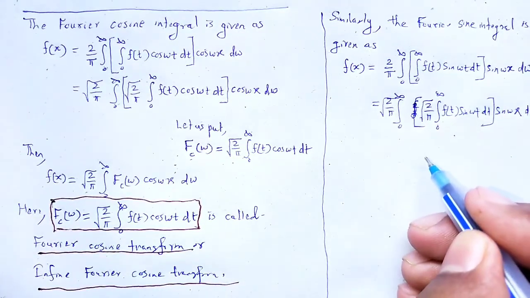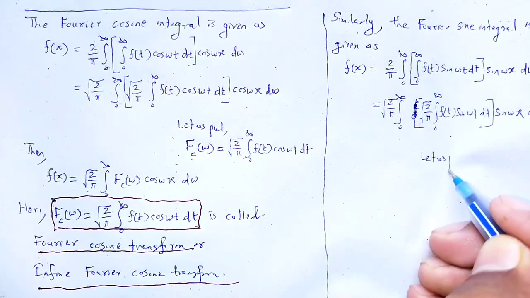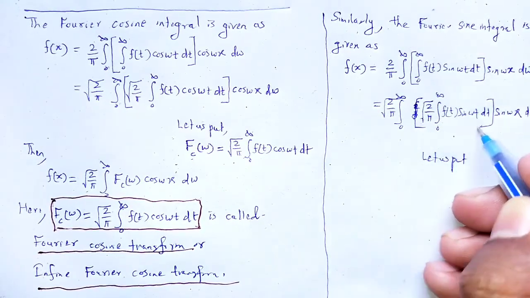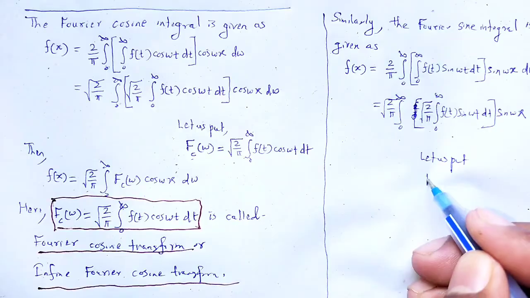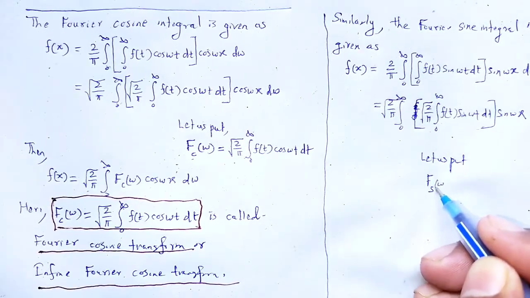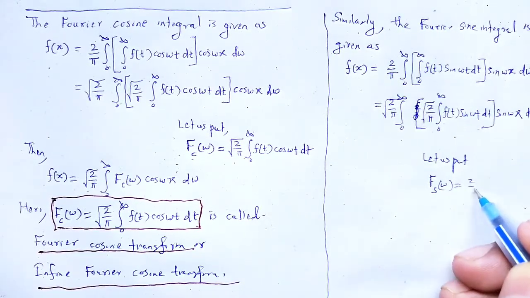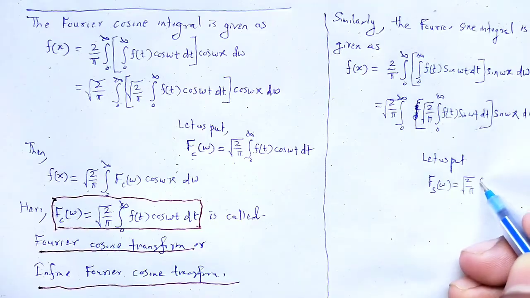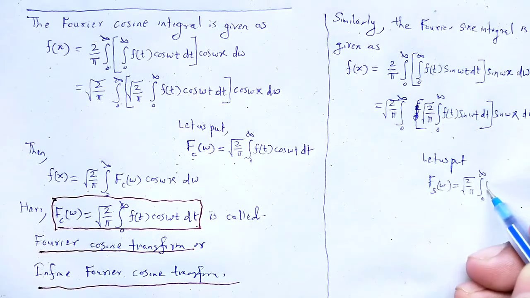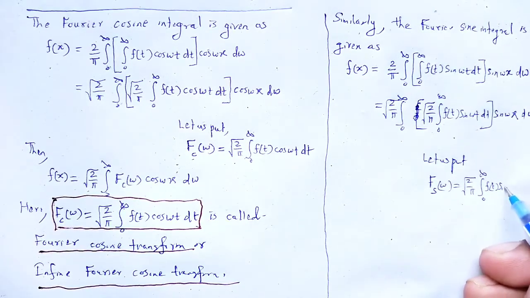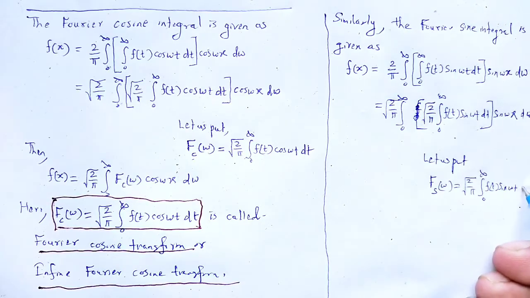Let us put that integral as f of s omega, 2 by pi under root integration over 0 to infinity f of t sin omega t dt.